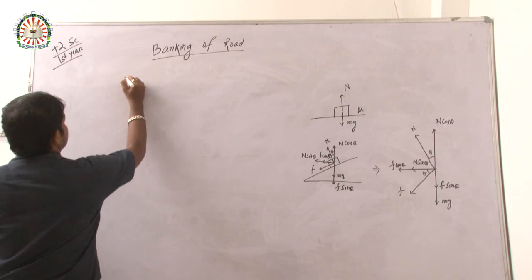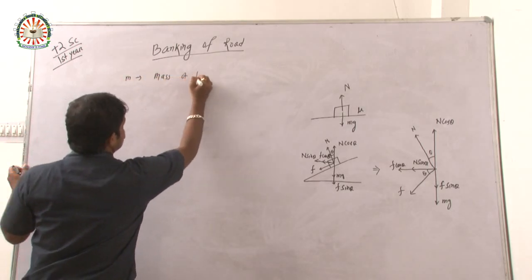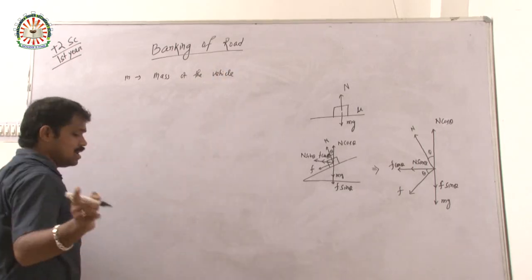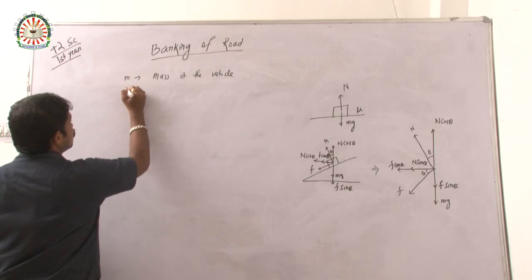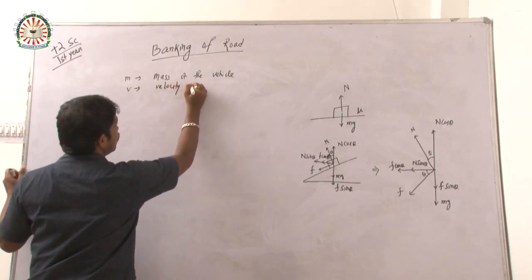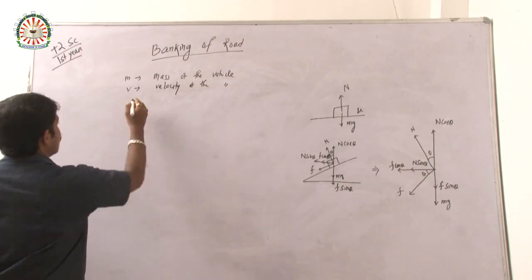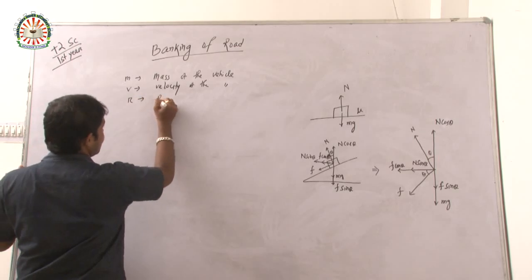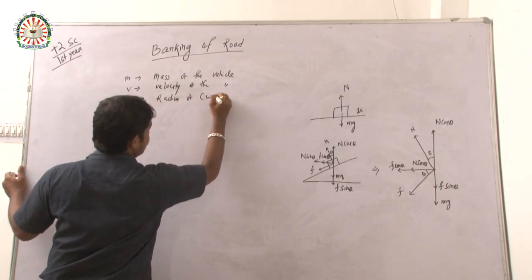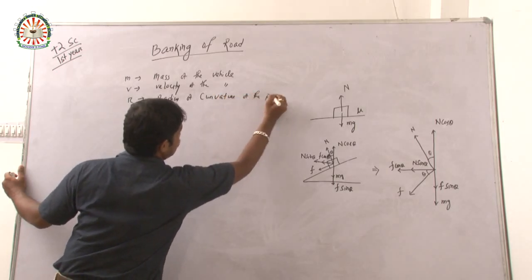Suppose m is the mass of the vehicle moving with a velocity v in a curved path, and r is the radius of curvature of the path.